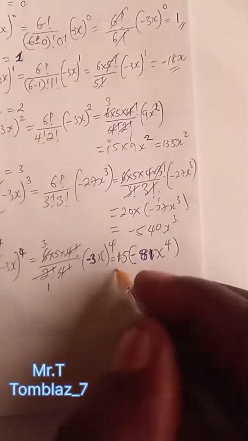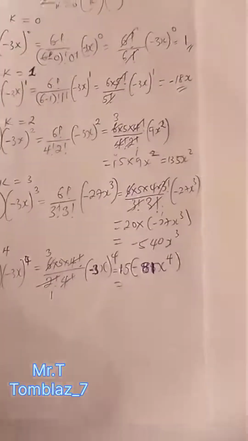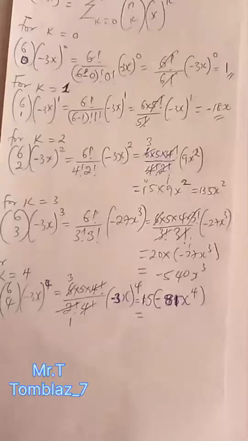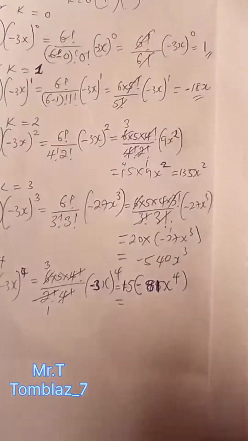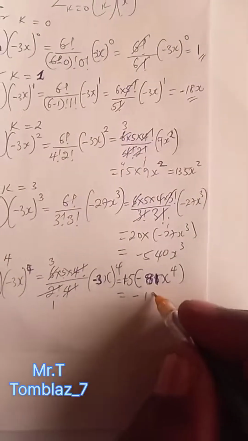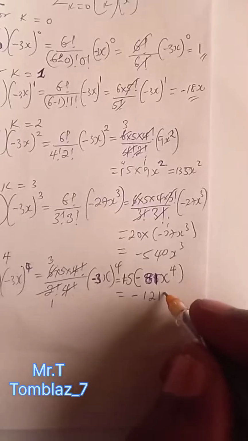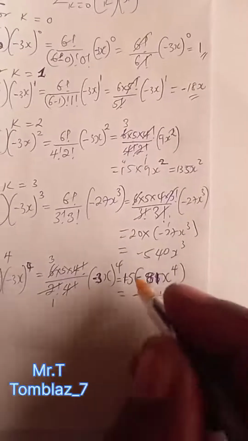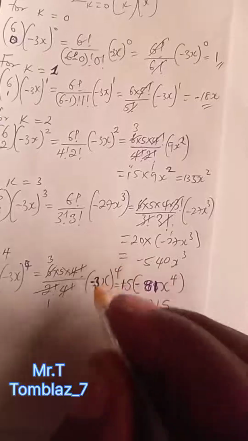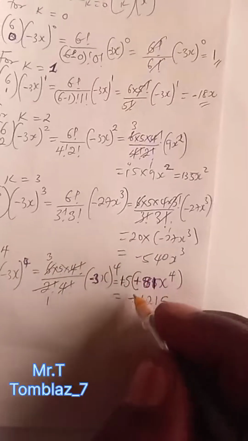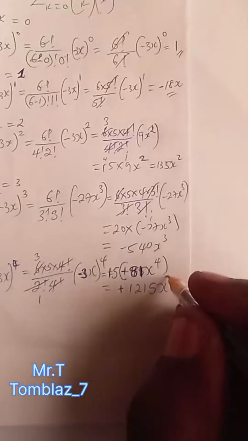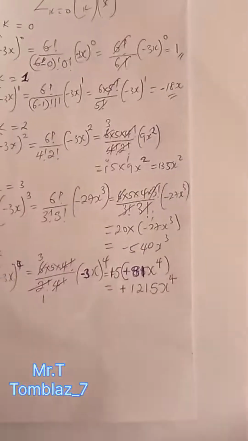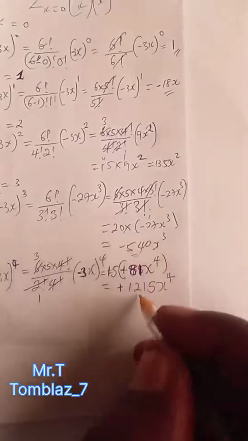Okay, so let's multiply that by 15. 81 times 15, so we're having 1215 minus 1215. But since this value is even, this becomes plus. So we have plus 1215 x raised to the power of 4. That will be the value there.